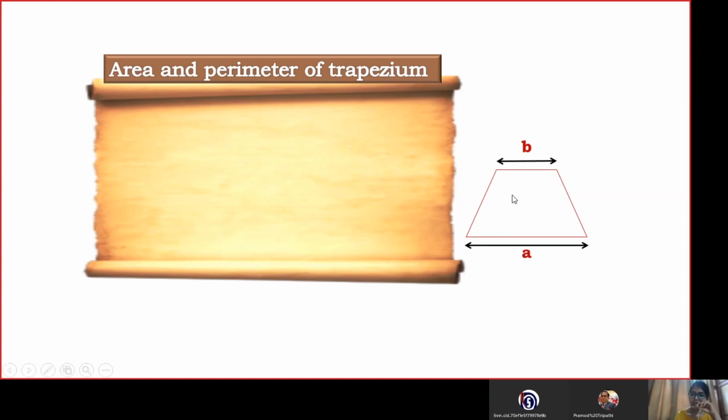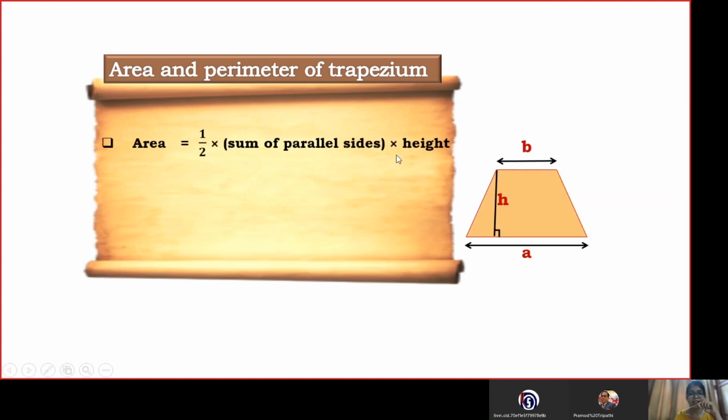So let these be denoted by A and B. Then the height is denoted by H, and the formula for calculating the area is given by half into sum of parallel sides into its height. So half into the parallel sides, which are denoted by A plus B. So that's why we've written half into A plus B into H. I hope I'm making sense.